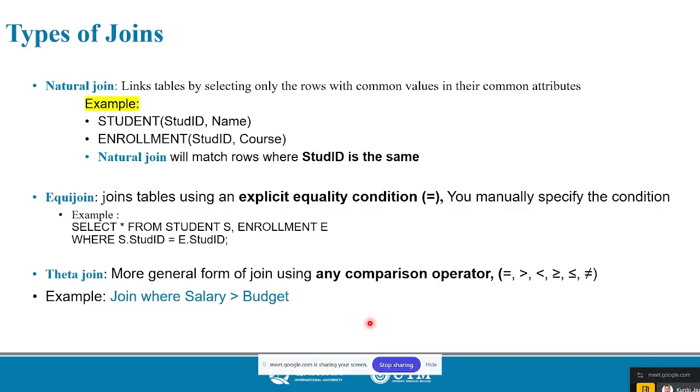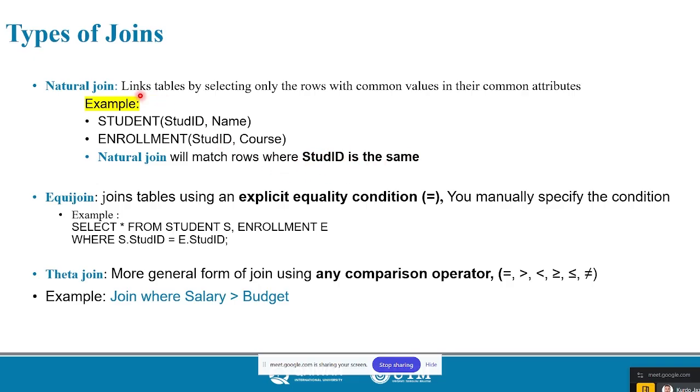Now we have the 3 types of join: natural join, equijoin, theta join. In order to understand each type of join, we will have an example first. In natural join, we have the student table with student ID and name, and we have enrollment that has student ID and courses. Now, what does natural join do? It will match the rows where student ID is the same.